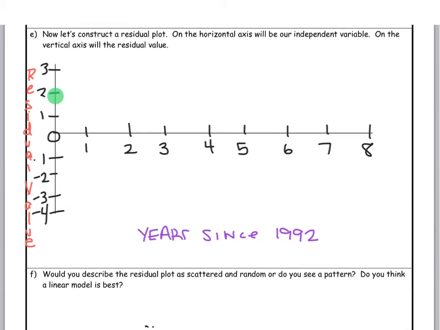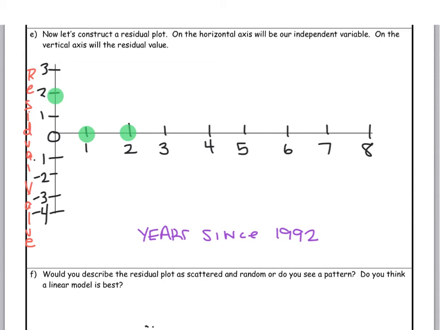Okay, in 1993, when x was equal to 1, our residual value was 0. This is 1 year after 1992, so this would represent 1993. Our residual was 0. Our residual for x equals 2, 1994, was also 0, sorry.